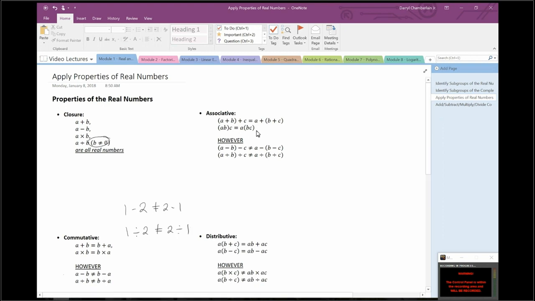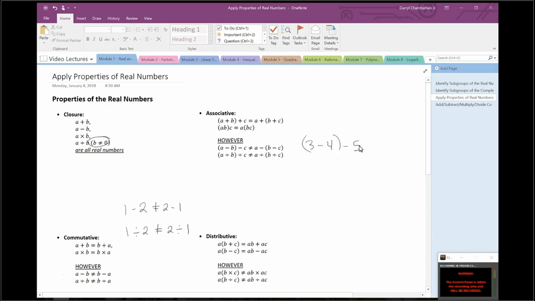And the same kind of thing over here. With associativity, it doesn't matter how I group these things in order to add or multiply, but because the order matters with subtraction and division, it does matter when I'm trying to group. So let's say I just plug in some numbers real quick.